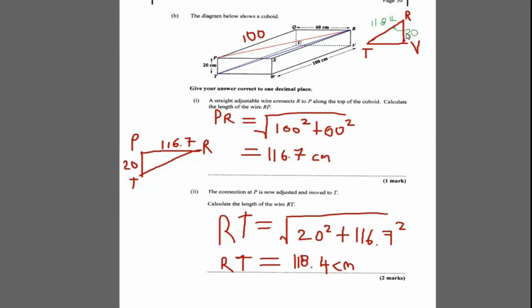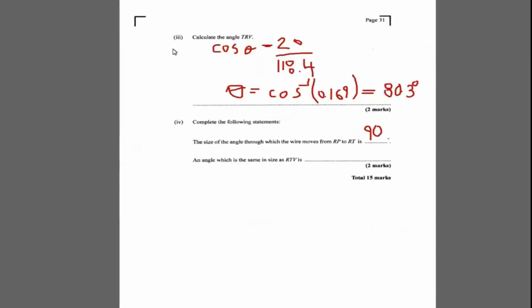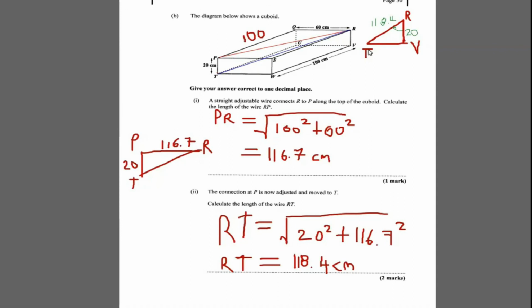So we want something with 118 and 20. So something with the same angle, let me look back at this again. This is something with the same angle as RTV. Where's RTV?